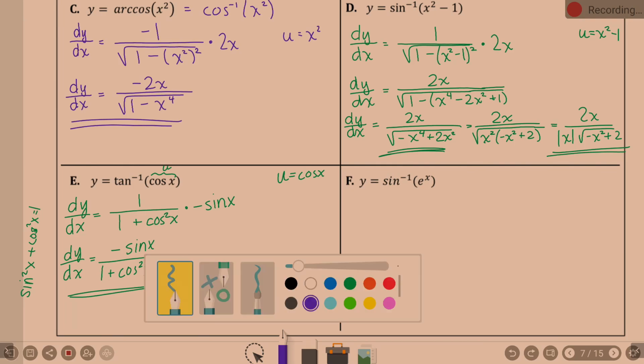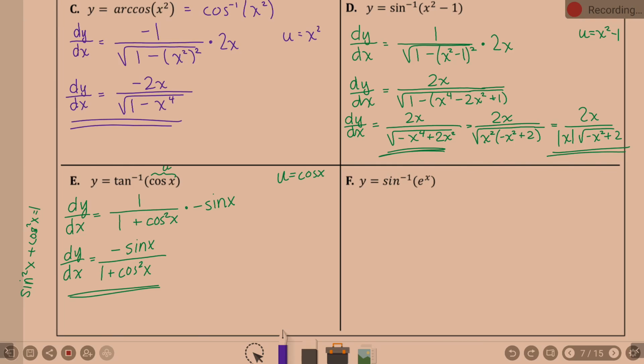Some of these are a little uglier, some of them not too bad. Okay, F. Y equals sine inverse of e to the x. So I'm going to start by thinking about my u. And my u value is e to the x.